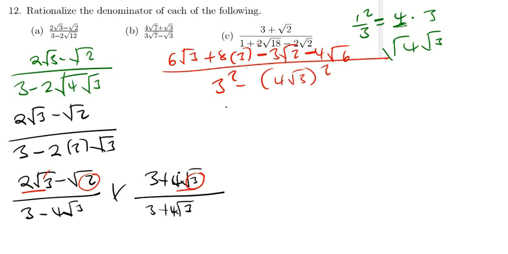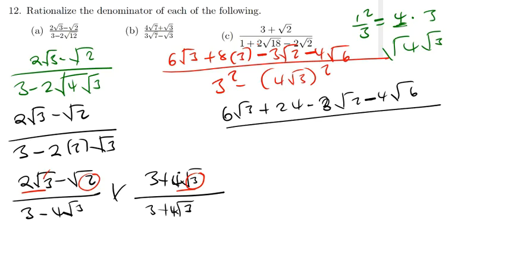So it will be 6 root 3, then 8 times 3 is 24, minus 2 minus 3, that minus 4 root 6. 3 squared is 9, 4 squared is 16, root of 3 squared is 3.